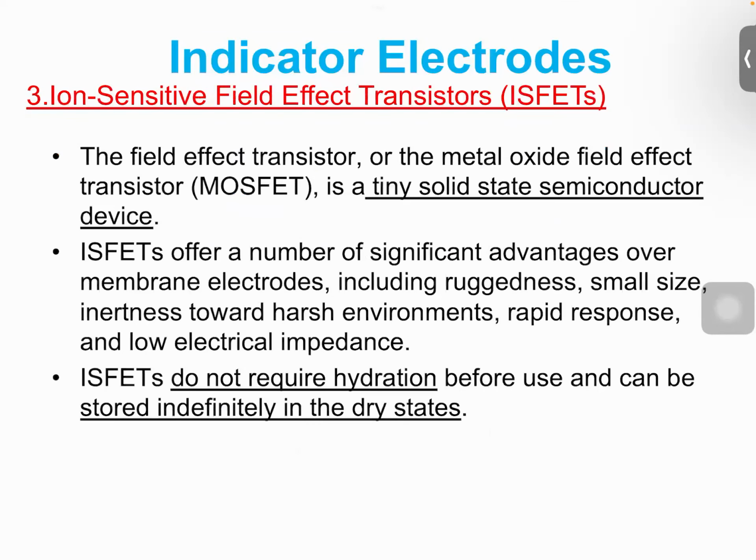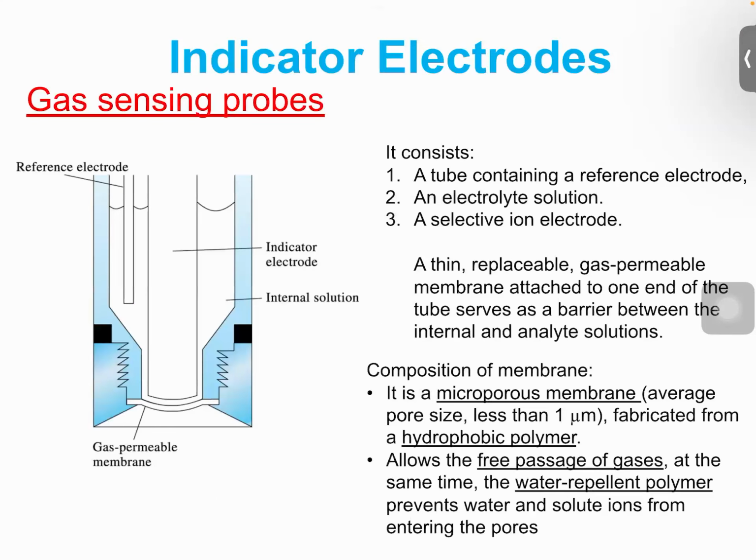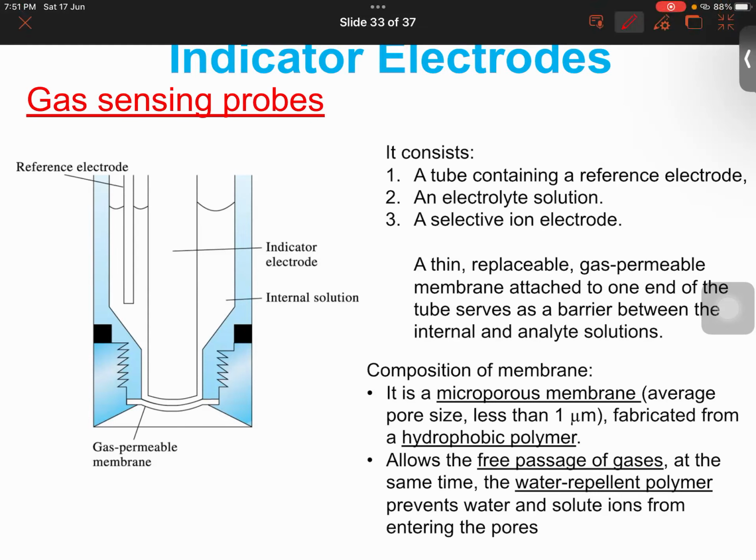So there are other types of working electrodes. I think the topics that we are going to discuss in this class are up to the glass electrode only. This is another example of a working electrode where you can incorporate a gas permeable membrane on the surface of the electrode, so you can detect some gases.